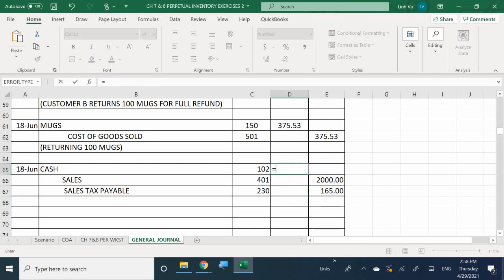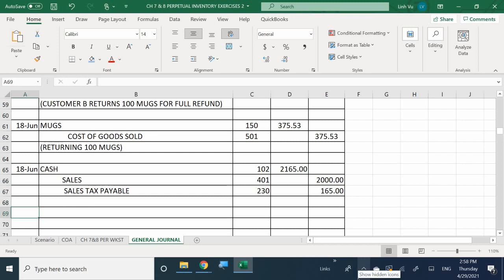So in total cash, I should be receiving, good, all right? Once again, I'm selling this to the general public, so it's up to you if you want to put a description.